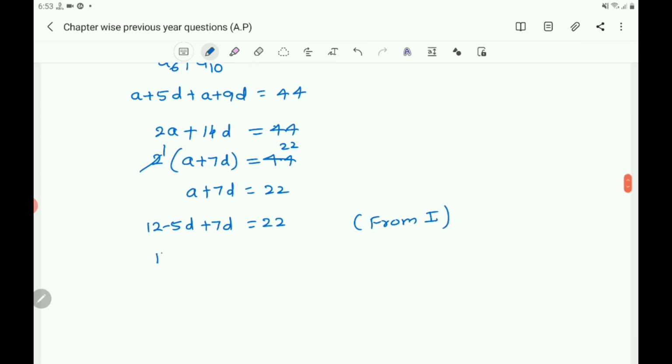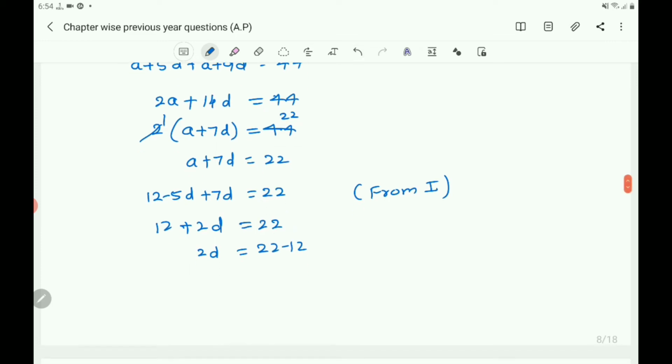Then 7d − 5d is 2d. 12 + 2d = 22. Then 2d = 22 − 12, which is 10. Then d = 10 by 2 equals 5. You got the value of d.